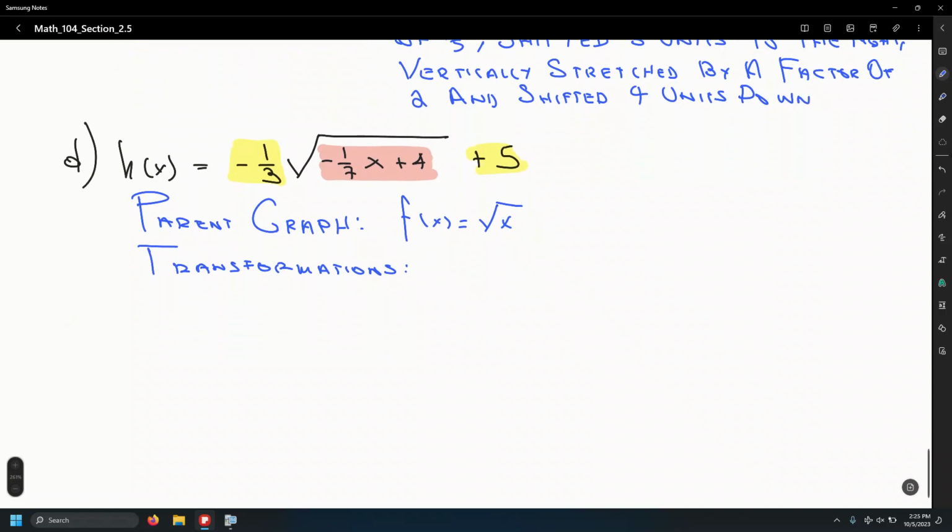So number one, it's reflected about the y-axis first, right? That is because when we change the sign of the x, that sends it to the other side of the y-axis. So reflected about the y-axis, and then horizontally, will that be compressed or stretched this time? Stretched, right?